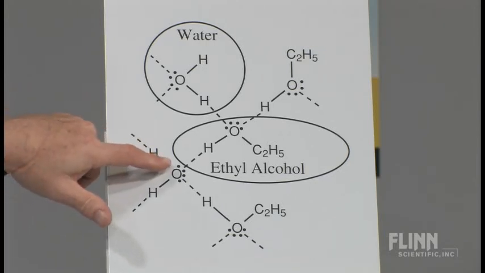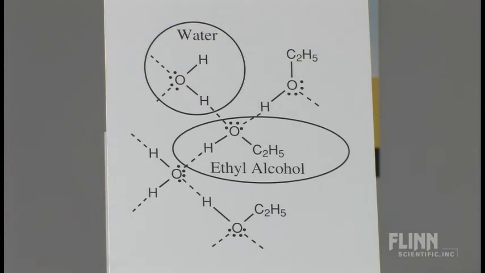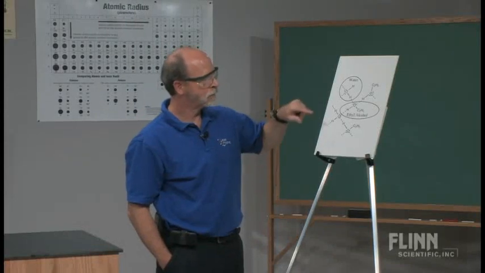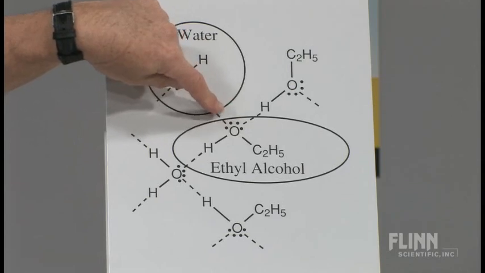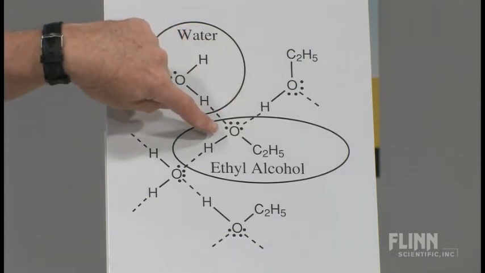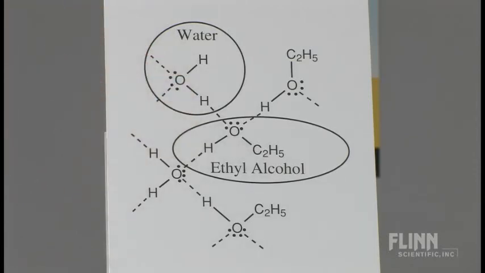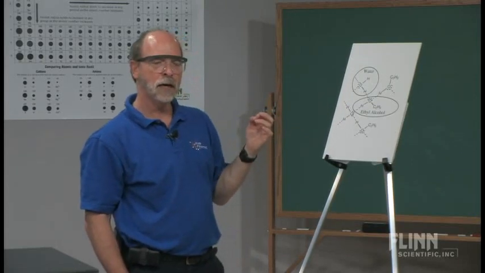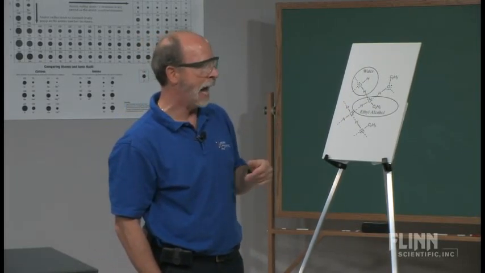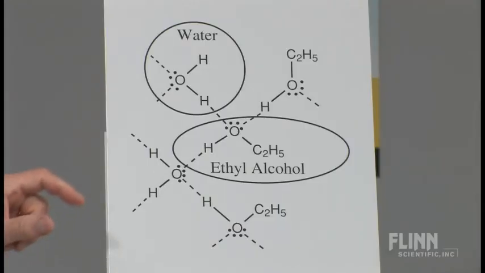So we can focus on one of the water molecules right here. Ethanol, or ethyl alcohol as it's known, C2H5OH, has an oxygen with two different non-bonding pairs of electrons, bonded to the ethyl group, the C2H5 group, and then as well a hydrogen. Based on the differences in electronegativities of the atoms here, the water is a polar molecule.